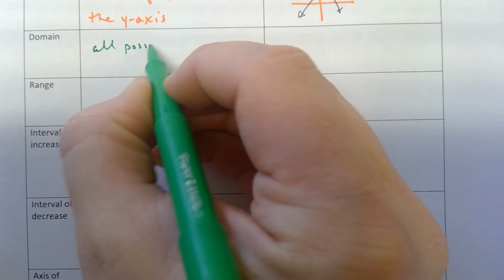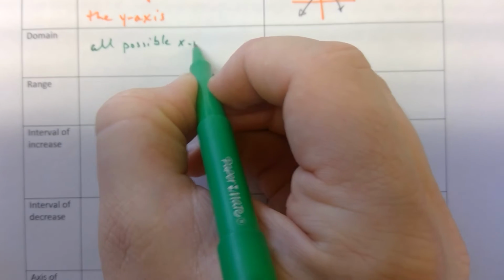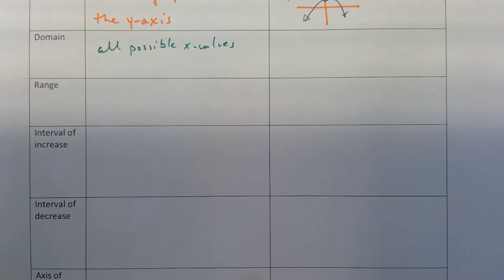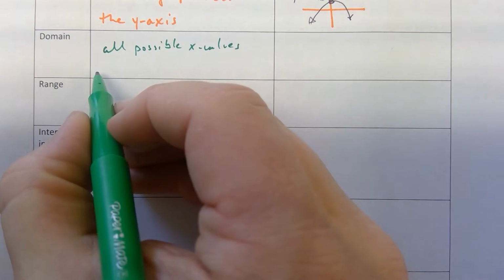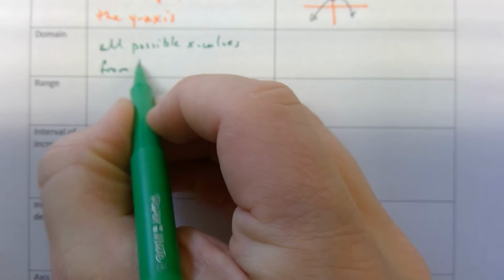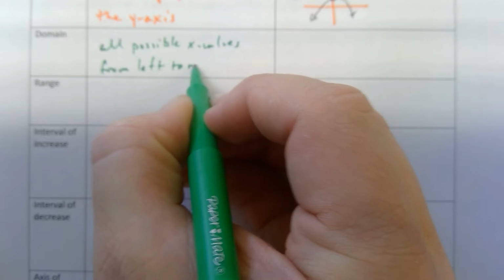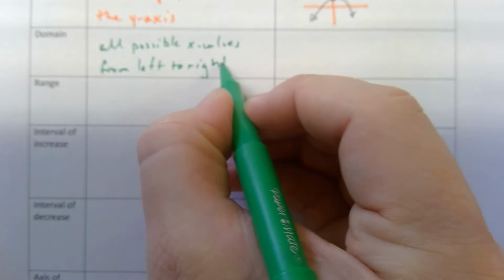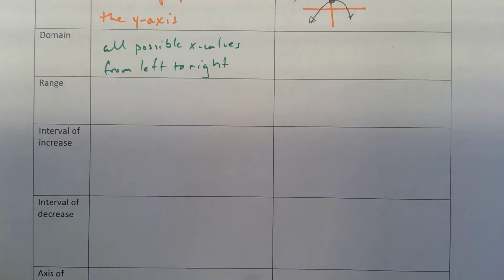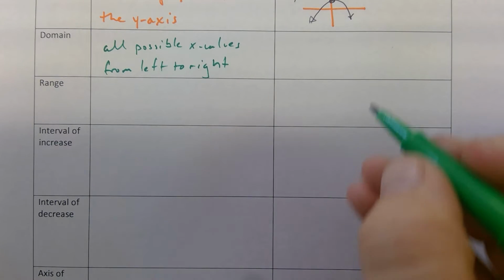So domain is all possible x values, okay? And we want to make sure we consider those from left to right. So just like we're reading a book, that's how we read a graph. Let's take a look here.